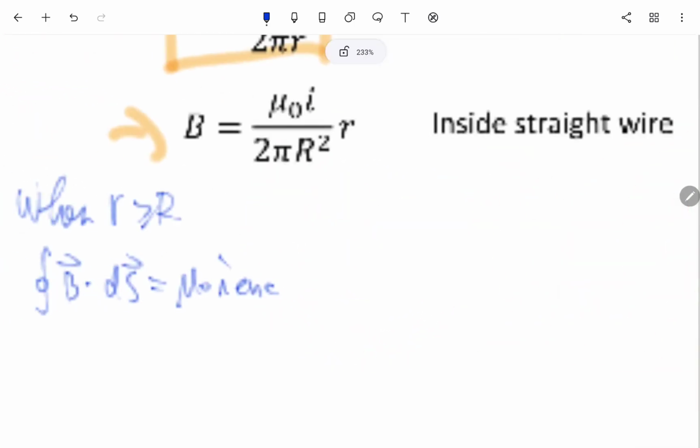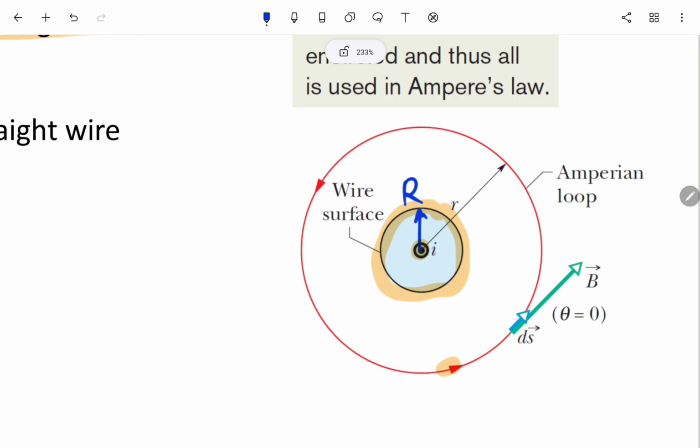Actually, we already know that the B field will be perpendicular to it. Using the Biot-Savart law, you already know that. For these cases, with this Ampere loop and the wire, the axis goes through the center of the Ampere loop.